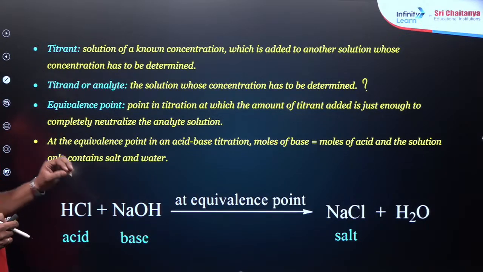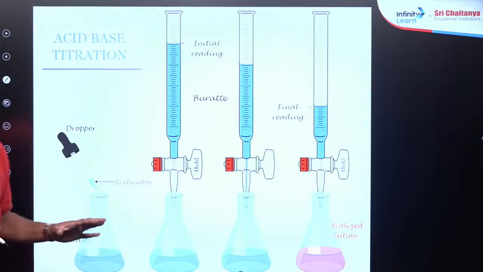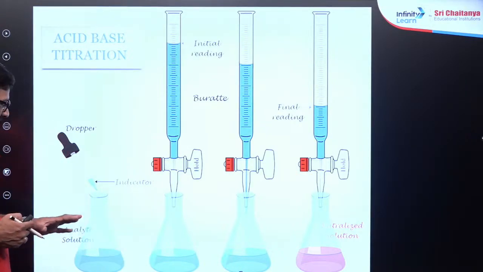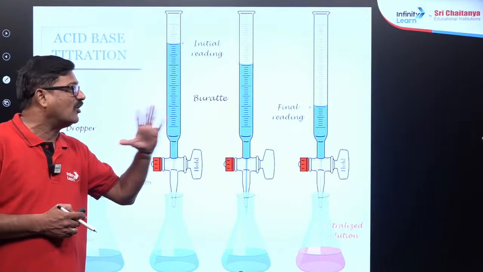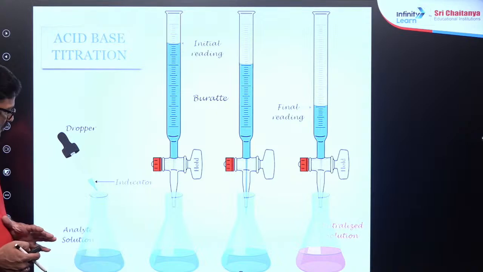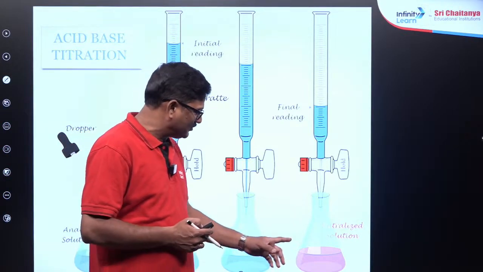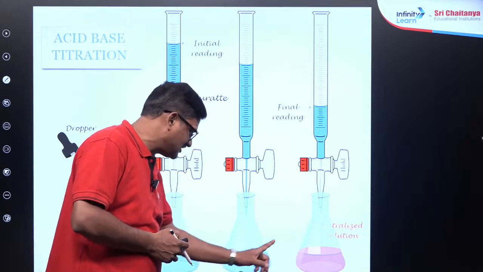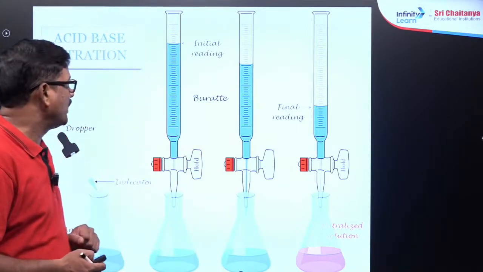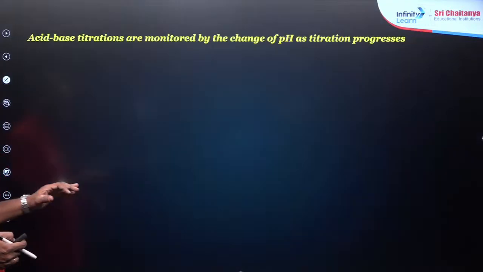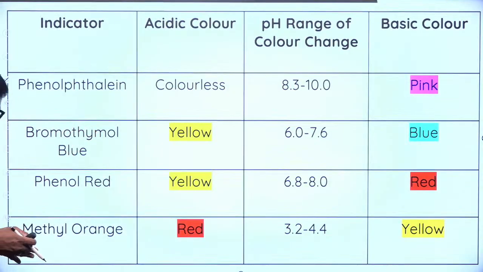So for that you have to add an external substance to understand whether the reaction is completed or not. In an acid-base reaction, when the neutralization is completed, there is a visible change in color, that is called the end point. So end point देखने के लिए आपका जो indicator इस्तेमाल किया जाएगा.